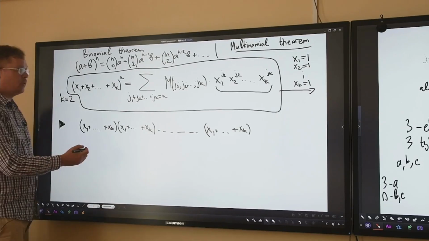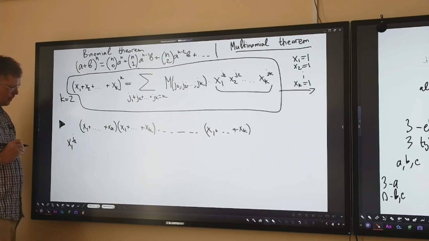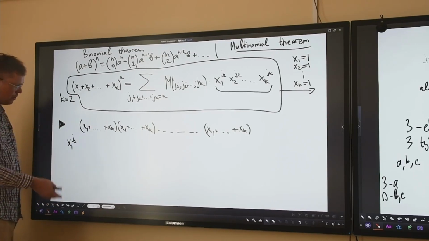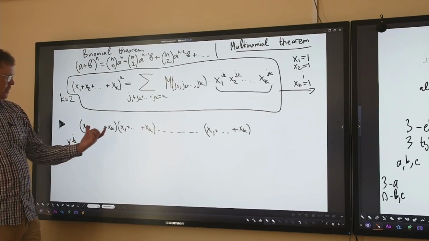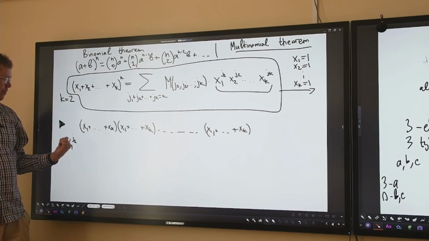So if I want to achieve x1 to the j1 power, I need to somehow choose the brackets from which I choose x1. Yes. So from these n brackets, I need to choose exactly j1 brackets from which I choose x1.